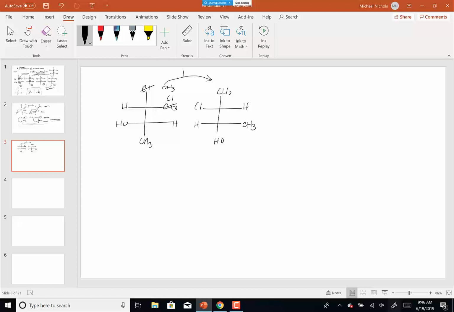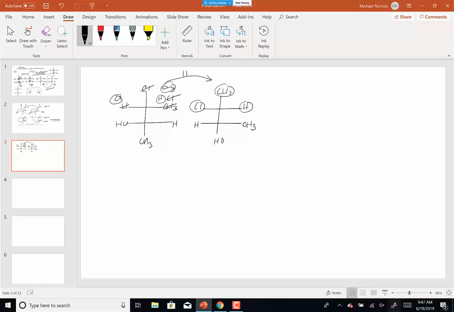Am I lined up yet? The methyl groups are lined up, but not the chlorine and hydrogen. So I now have to make one more switch of chlorine and hydrogen. If I make the second switch, now the methyl groups are lined up, the chlorine is lined up, and now the hydrogen is lined up.